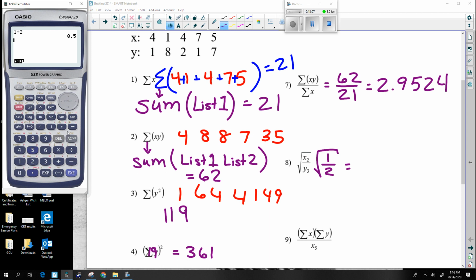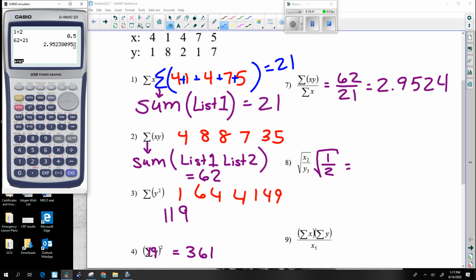However, if I get an answer like I do in number 7, the minute that you start physically typing 2.9524, it's the minute that your answer becomes less and less accurate. Because the calculator recognizes 62 divided by 21 as this big, long decimal, and it even recognizes the decimal that is beyond what they can fit on the screen.